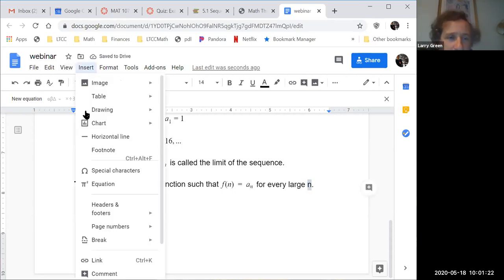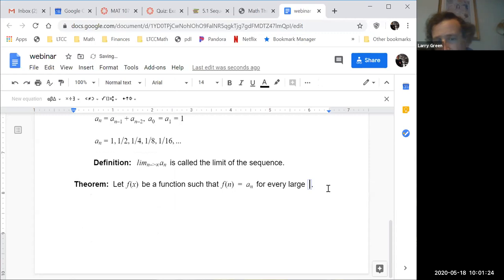When I say large, as large as you want it to be. So in other words, if it doesn't agree in the first 100, but then after that it agrees, good enough. So eventually it has to agree, and from then on, it has to agree.